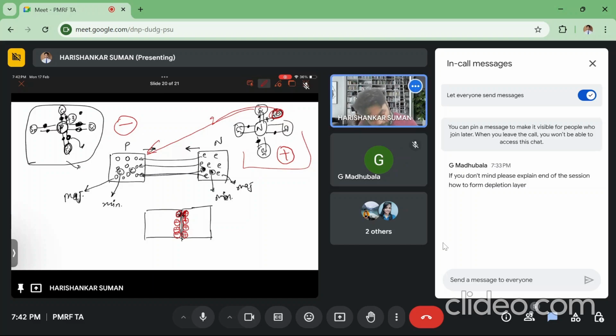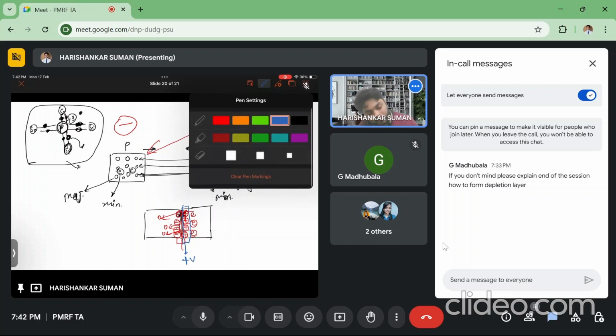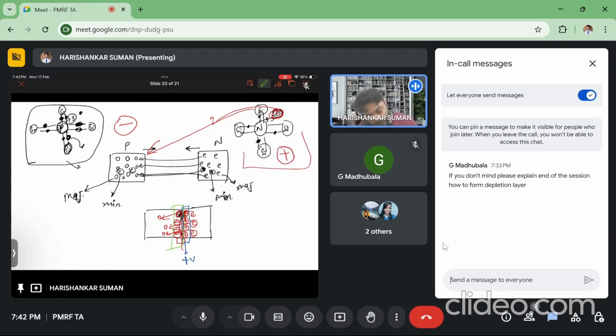Now more electrons want to come to this side because there are holes. But due to the plus charge on this side, let me take another color, plus charge, plus voltage, and this side is negative voltage.